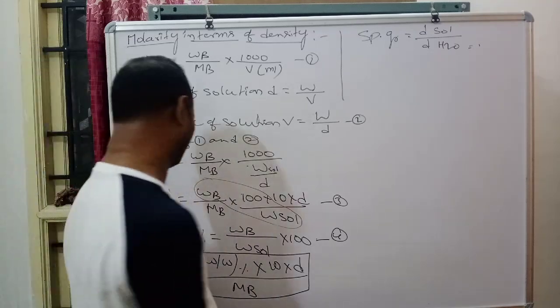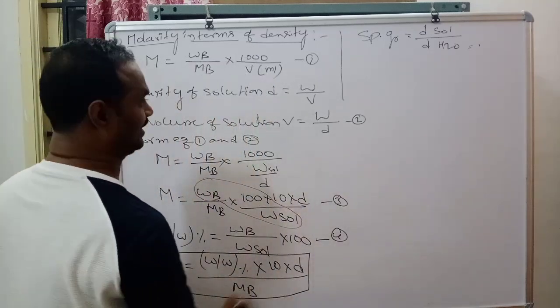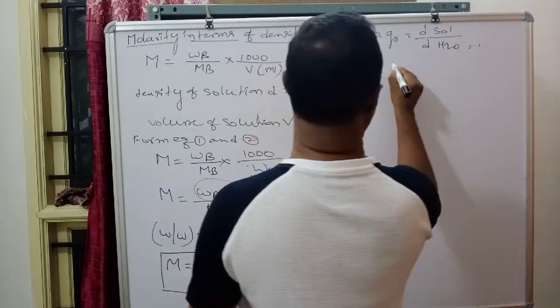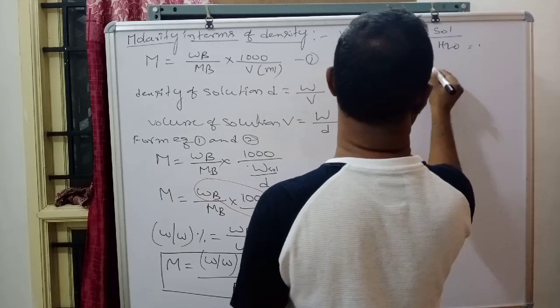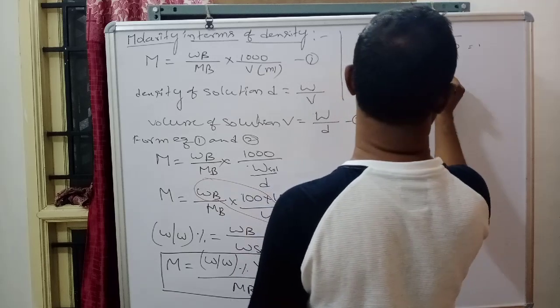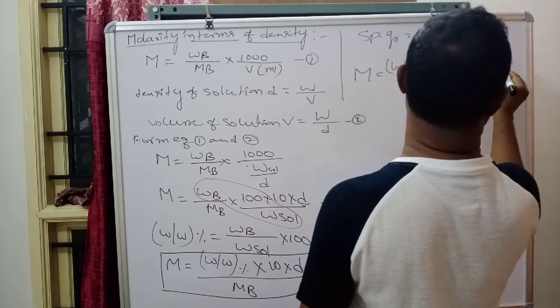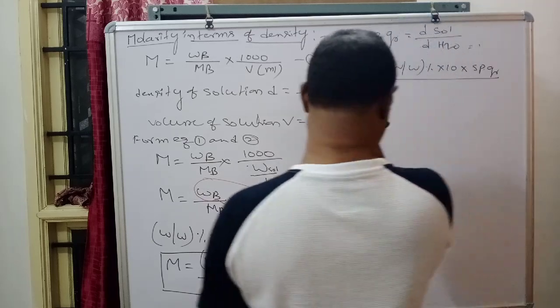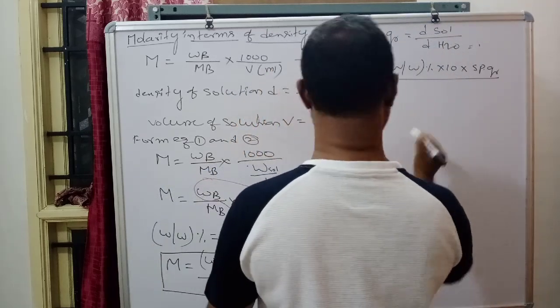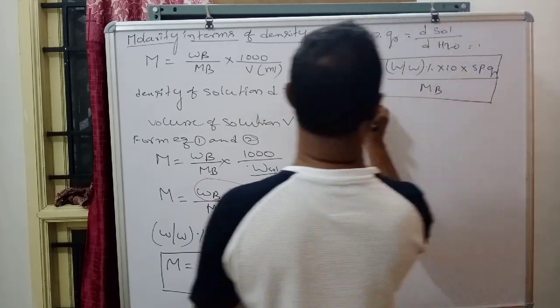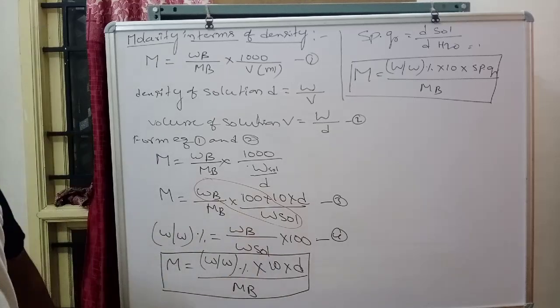Based on that, instead of density we can write specific gravity. So one more formula: molarity equals mass percentage into 10 into specific gravity whole by molar mass of solute. This is another formula to calculate molarity.